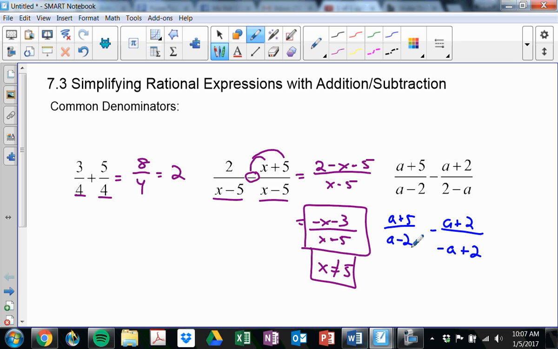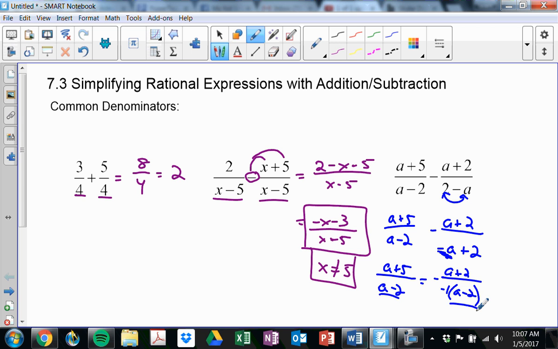I just flipped the order of these two things around. Now what I can do is factor out a negative. I pulled a negative 1 out of this thing right here. That made these match.